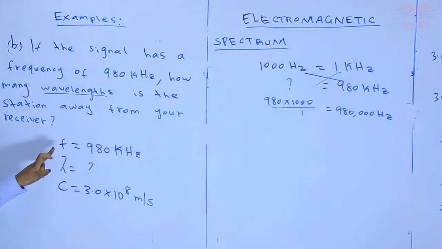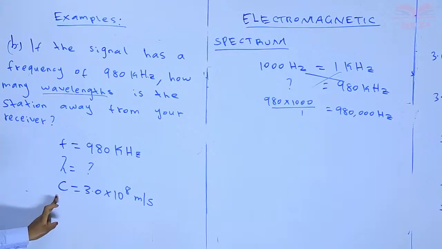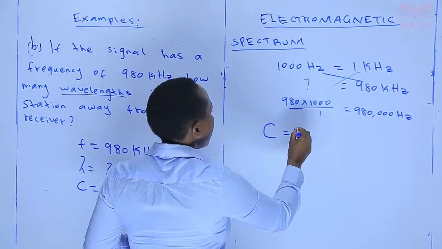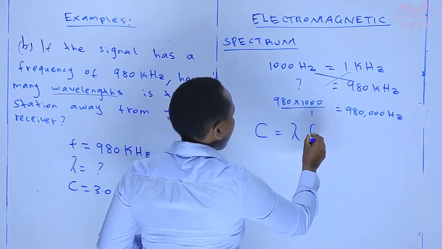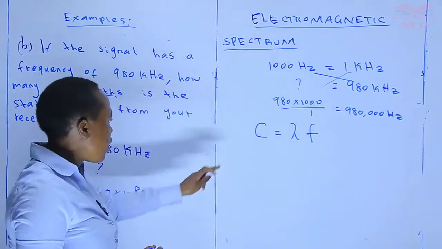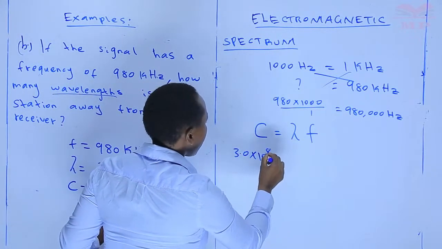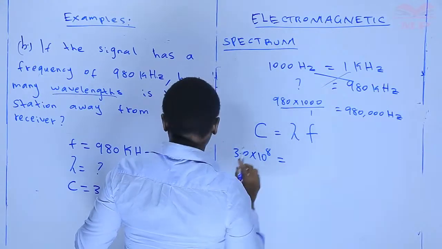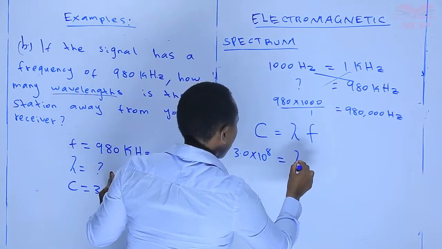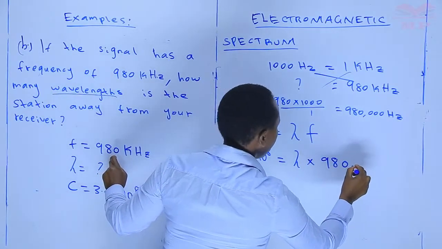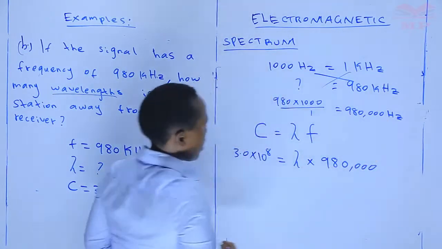We have frequency, we want wavelength, and we have the speed. So we apply the wave equation, which is c equals wavelength multiplied by the frequency. Our c is 3.0 times 10 power 8, equal to our wavelength, which is in question, multiplied by the frequency, 980,000 hertz.